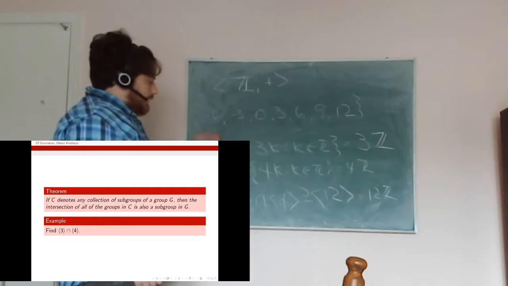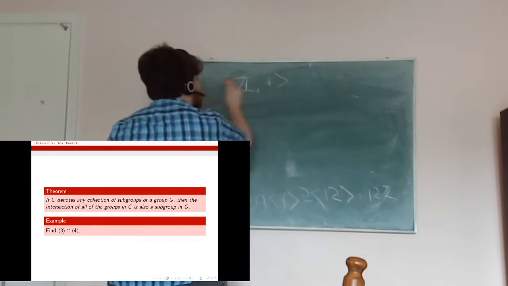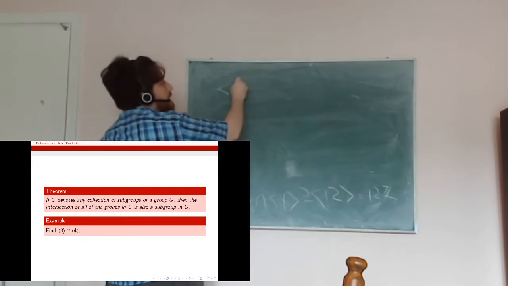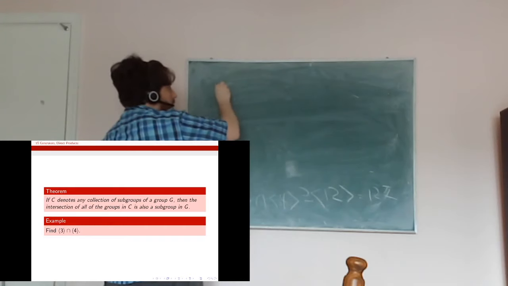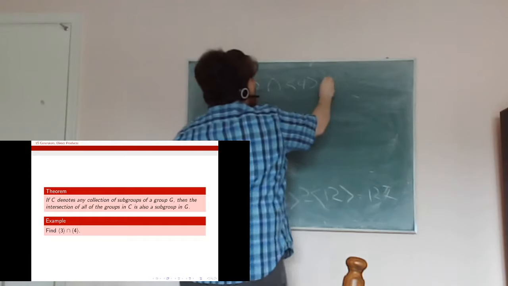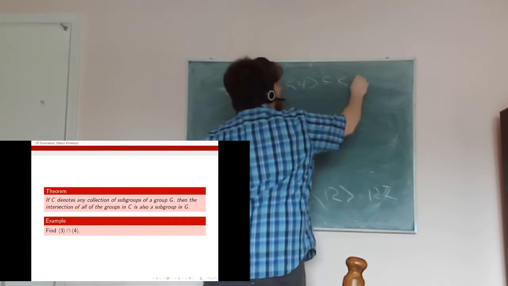So I actually want to do that proof. I'm going to say that 3Z intersect 4Z is a subset of the group generated by 12.